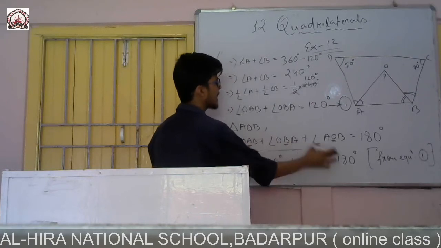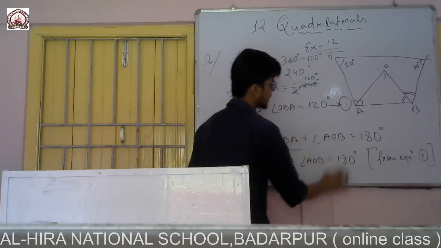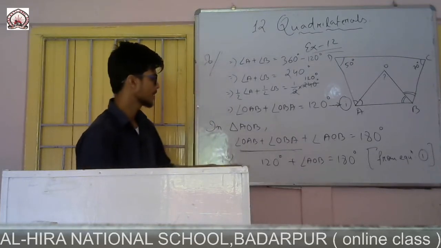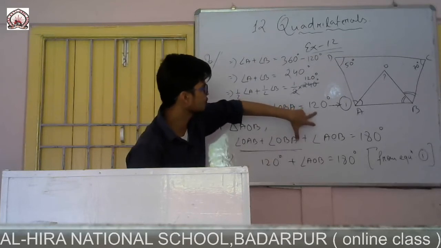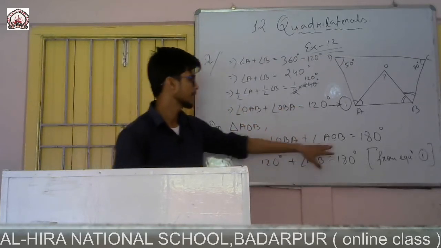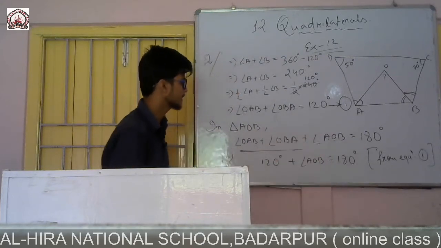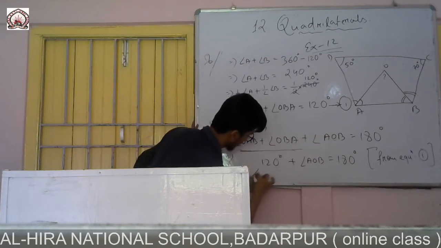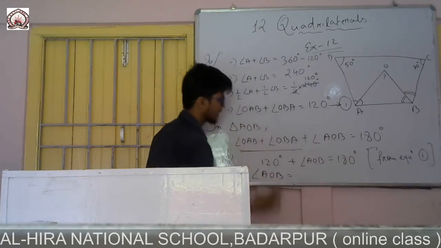So these are the three angles of the triangle, and we know that the sum of the angles of a triangle is equal to 180 degrees. So in place of these two, since we have found that these two are equal to 120 degrees, I wrote 120 degrees. Angle AOB we don't know, so I wrote it the same, and it is equal to 180 degrees. So now I will solve this one. Angle AOB will be here, and I will change the side of 120 degrees.